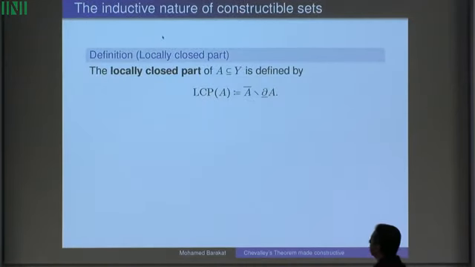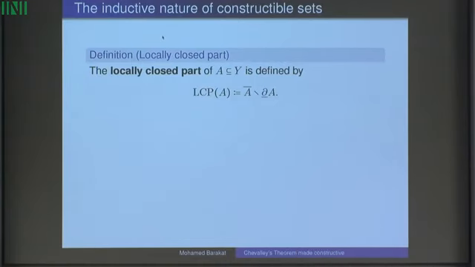To emphasize more the inductive nature of constructible sets, we found a canonical decomposition, which we were not able to find in the literature. And actually, by now, we can even compute these to decide the equality of two constructible sets. So we define the locally closed part of A in some topological space Y to be the closure of A without the relative boundary.